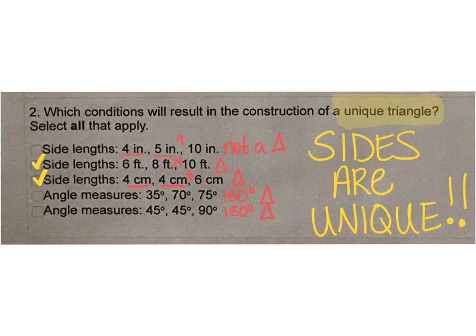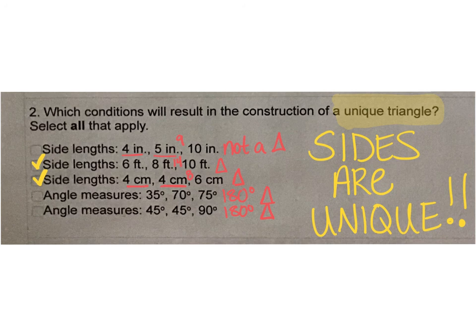So if I give you 60 degrees, 60 degrees, and 60 degrees, and I tell you to make me a triangle, we've just talked about 5 different triangles that you could make. You can make one out of crayons, pencils, yardsticks, or expo markers.